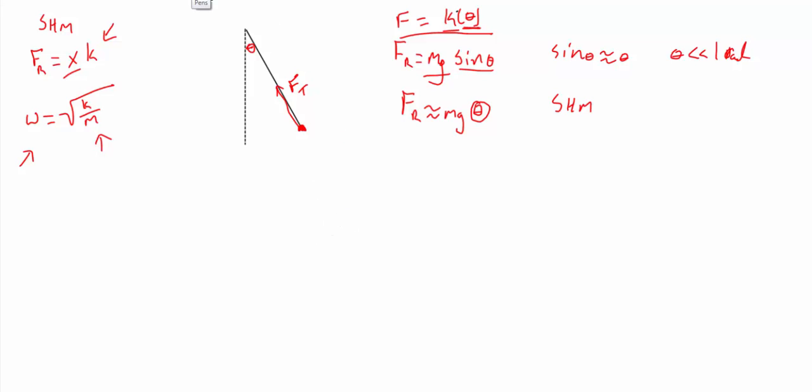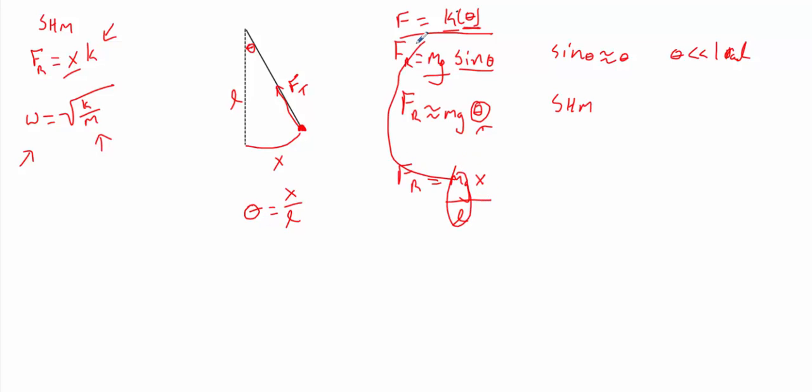Now the pendulum is swung through a distance, this arc length, x. Remember, as long as we're measuring in radians, theta is the ratio of the arc length x to the length, or the radius, in this case L, which means I can replace theta with x over L. So what I really have is the restoring force is equal to mg times the arc length x divided by the distance L, which is handy because now this becomes my k up in that equation.